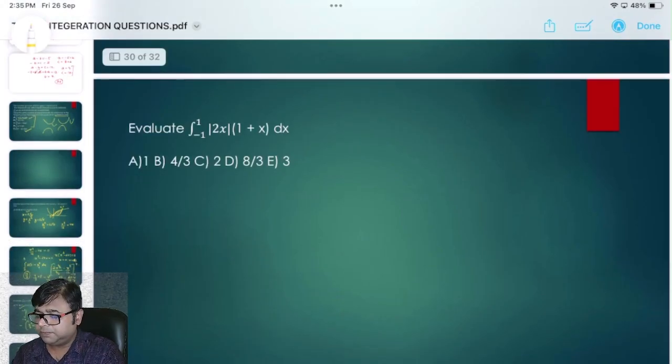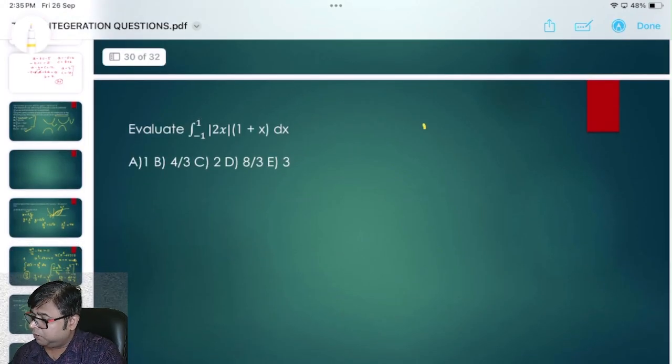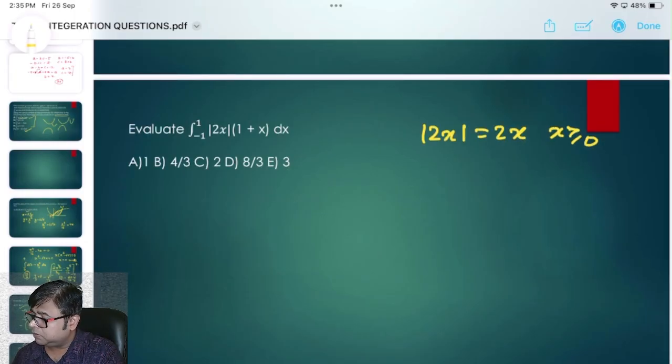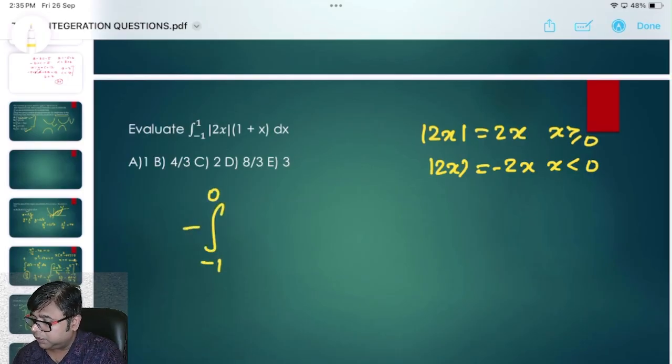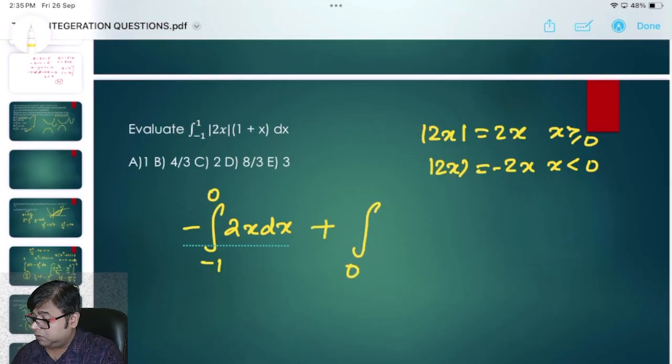Yeah. Similar question. It's from minus 1 to 1 again. Mod of 2x will be 2x if x is greater than or equal to 0, and mod of 2x will be minus 2x if x is less than 0. This is something which I know. So minus 1 to 0, my function will be minus 2x dx, and from 0 to 1, my function will be 2x dx.